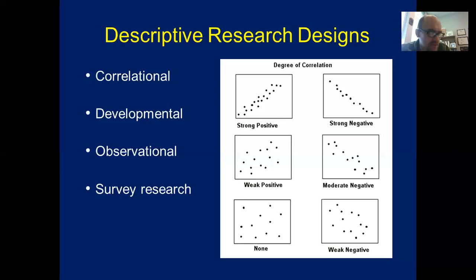Observational designs, essentially you are observing different types of actions or behaviors in people. And so in this case, you're going to be observing or rating the number of times a certain behavior occurs, or you're going to be rating the intensity of a behavior.